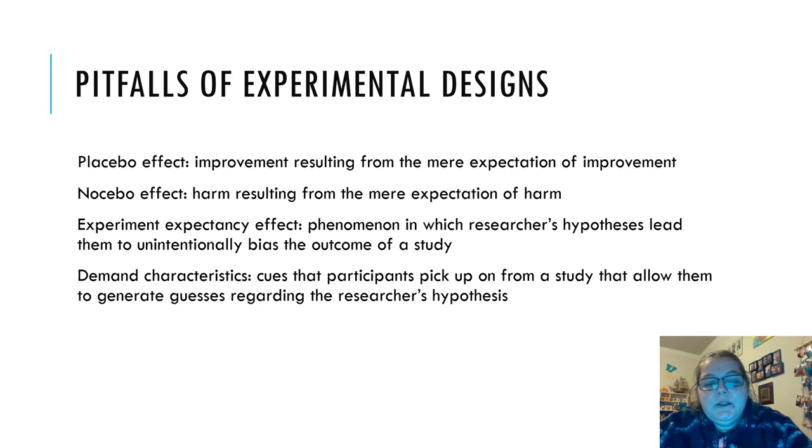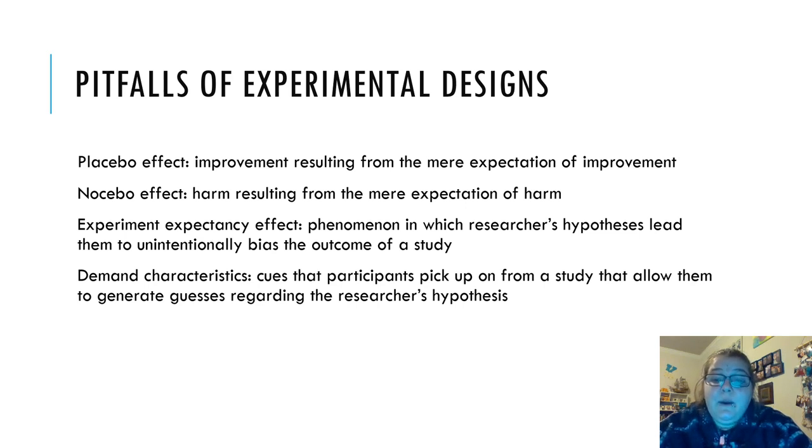So as far as pitfalls, the big one is the placebo effect, which is the improvement resulting from the mere expectation of improvement. So, for example, with your control group, if you're testing medication or therapy, you can't just not provide them something, so you will provide them a placebo instead.